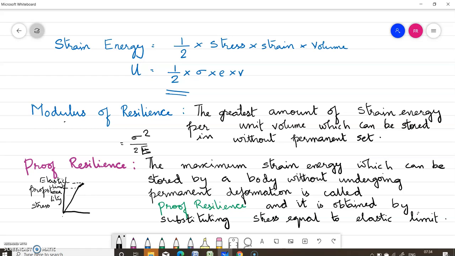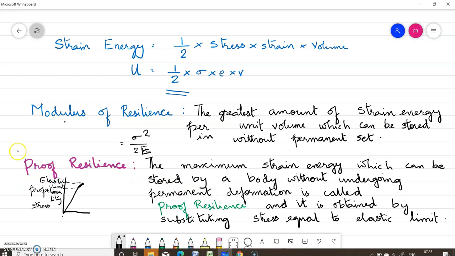And the next point is the stress corresponding to the point where, when you remove the load, the material will regain its original shape, but from the proportionality limit to the elastic limit, the stress will not be proportional to strain and the variation will not be a straight line, it will be slightly curved, and that point is known as elastic limit. So if in this equation for strain energy we substitute the stress corresponding to the elastic limit, then it is known as proof resilience.